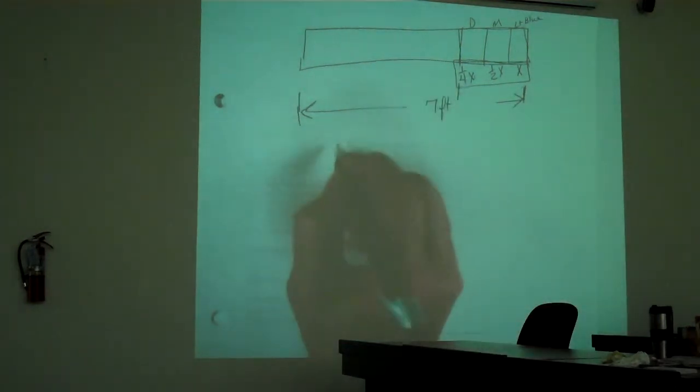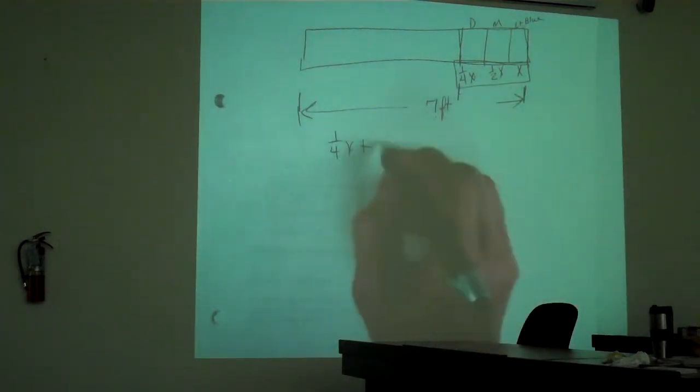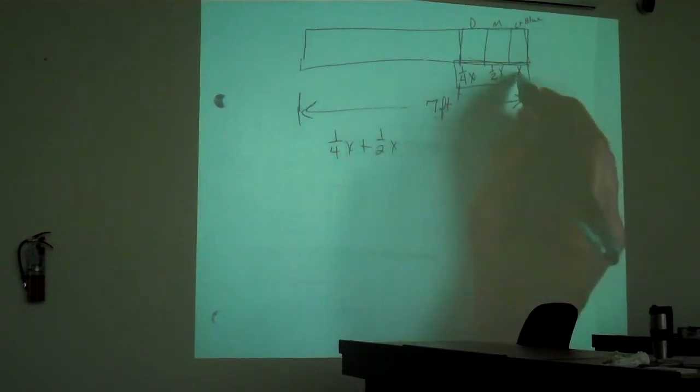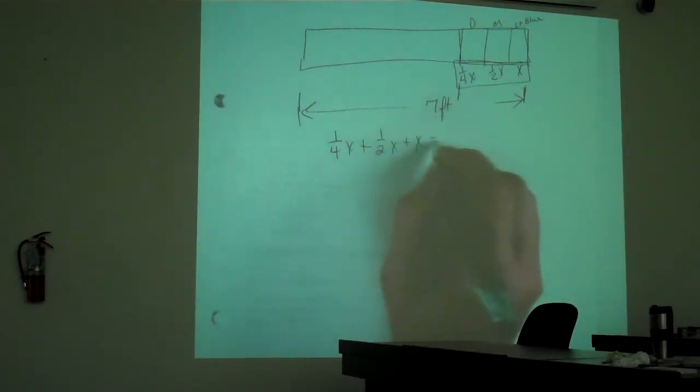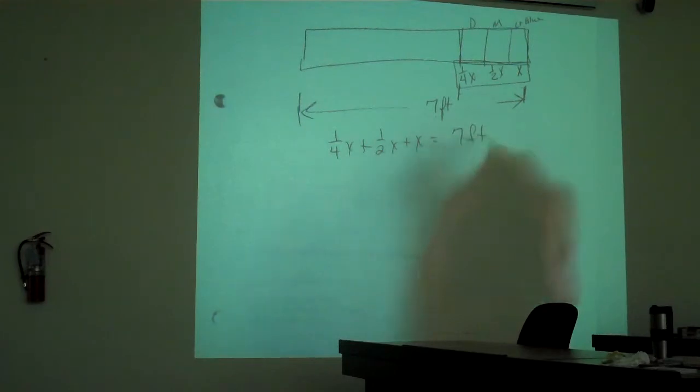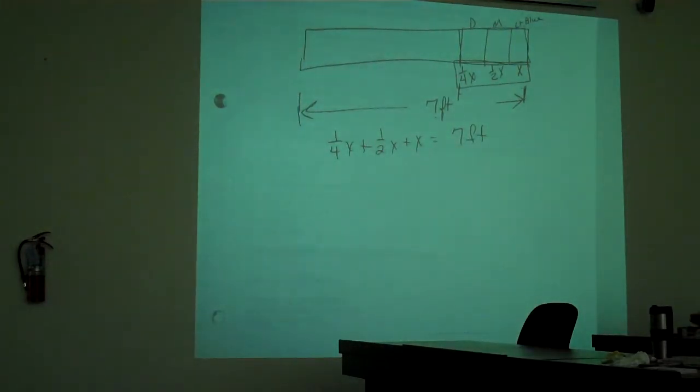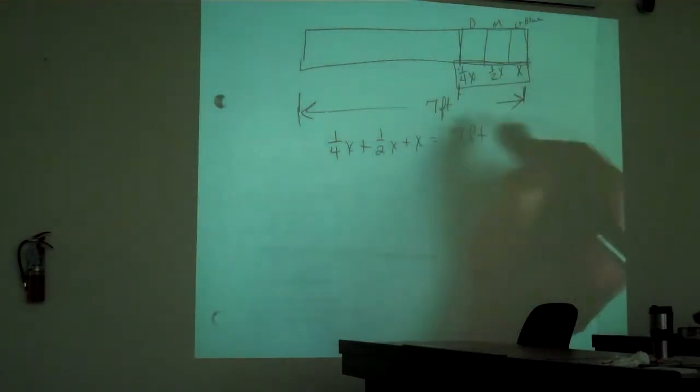Okay, so you have 1/4 of X plus 1/2 of X plus X is equal to 7 foot. Okay? Does that make sense? Yeah? This whole thing was 7 foot.